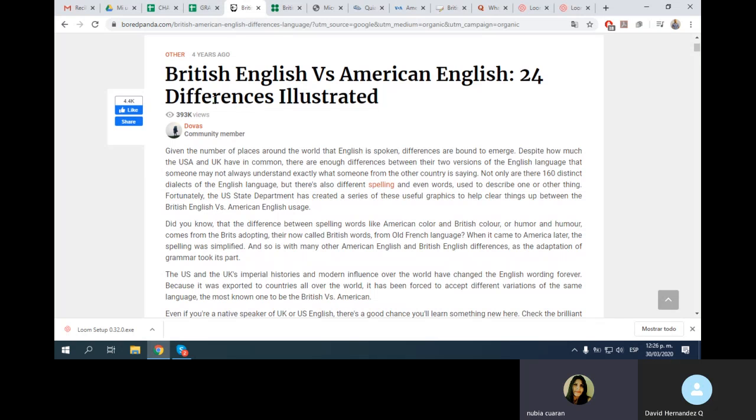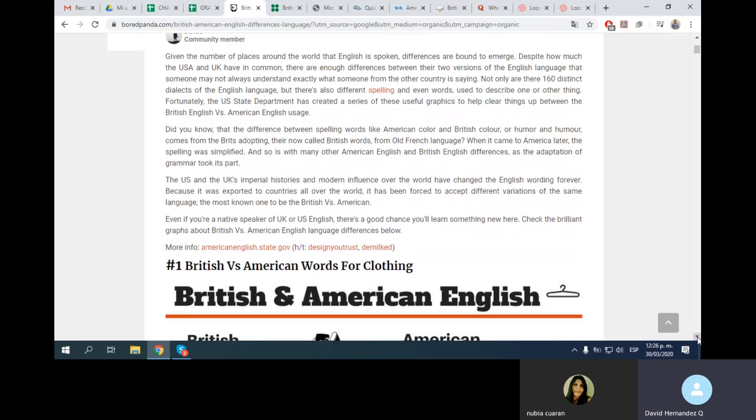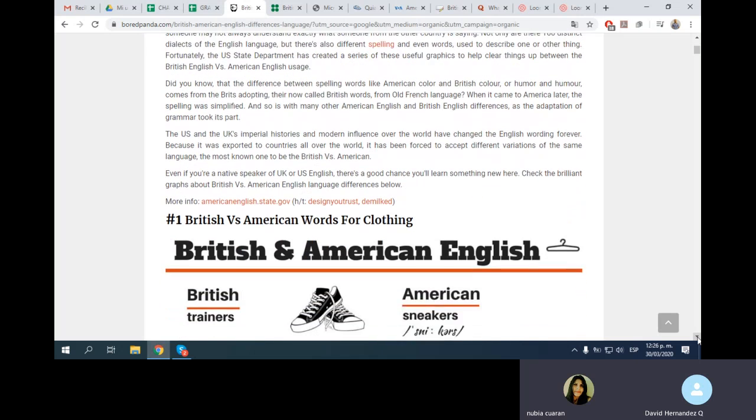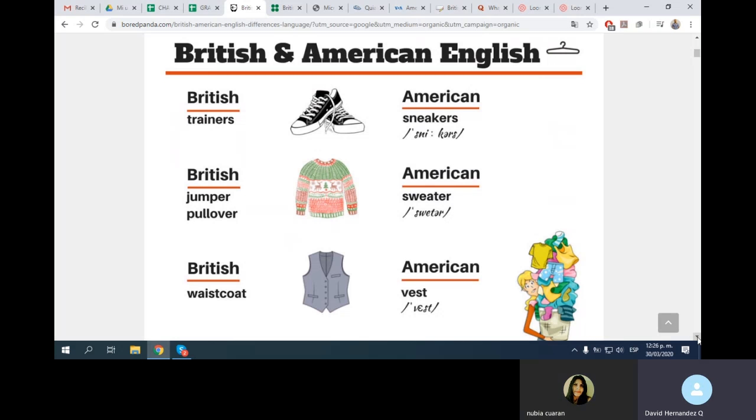Differences. Differences, that's right. Ya aprendiste, muy bien. So, Differences Illustrated. Me gusta porque para los estudiantes que tienen un estilo de aprendizaje más visual, nos sirven las imágenes. Entonces vamos a ver algunas cositas de vocabulario.